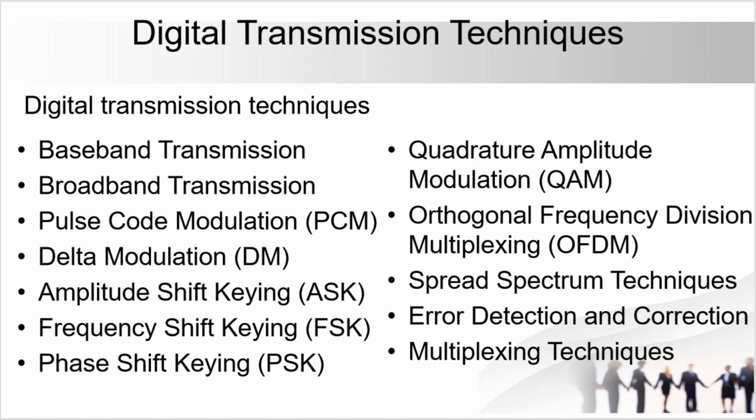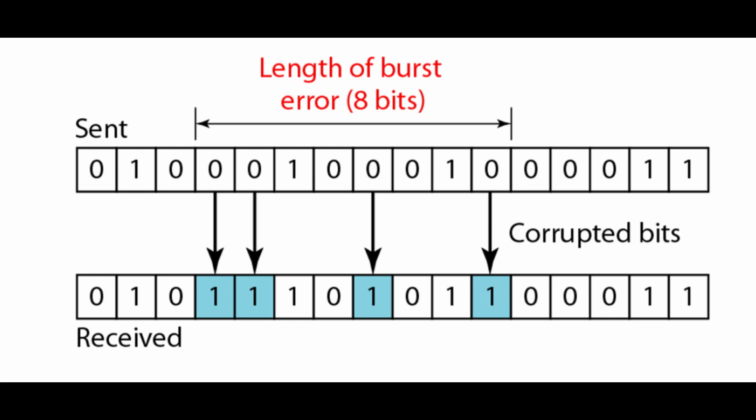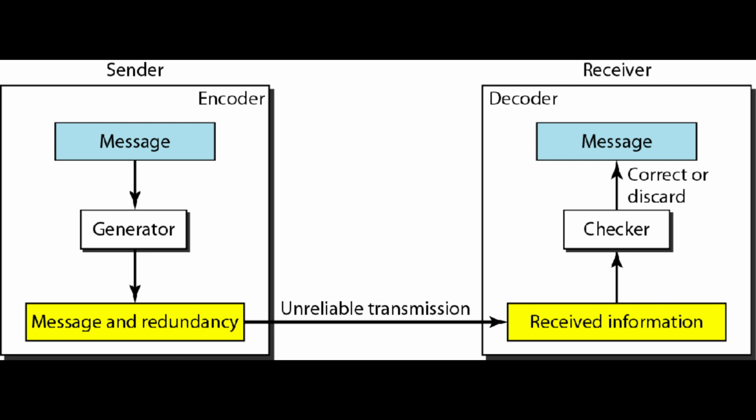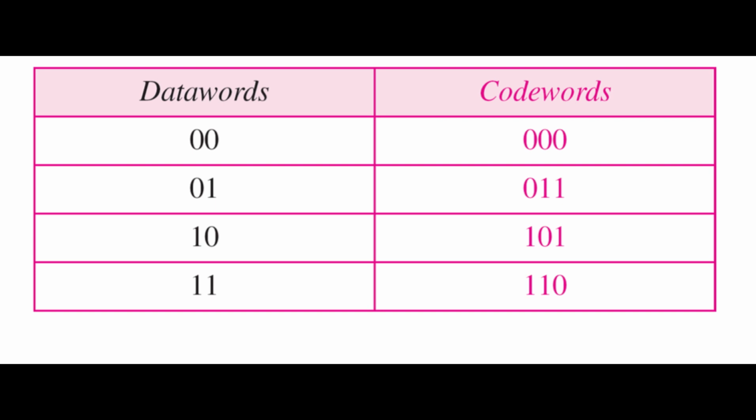Okay, we continue with point number 11, error detection and correction. Error detection and correction techniques ensure the integrity of the transmitted data by detecting and correcting errors that may occur during the transmission. We have 3 points. Parity check adds a parity bit to make the number of 1s either even or odd.